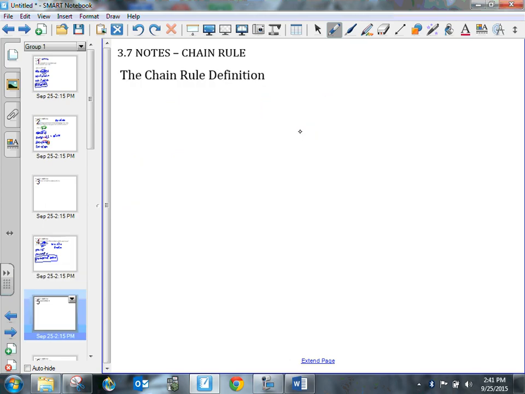So let's think about the chain rule as a definition. Basically what I have here is a composition of functions. When I say compositions of functions, I mean functions within functions.